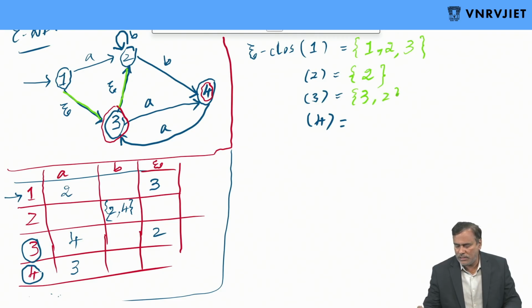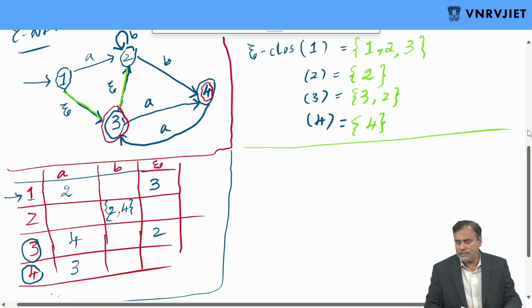So epsilon closure of 3 is 2, 3, or 3, 2. In order, it becomes 2, 3. Next, epsilon closure of 4. First 4 is added, and then from 4, do you have outgoing transitions labeled with epsilon? No. Therefore epsilon closure of 4 is 4 itself.